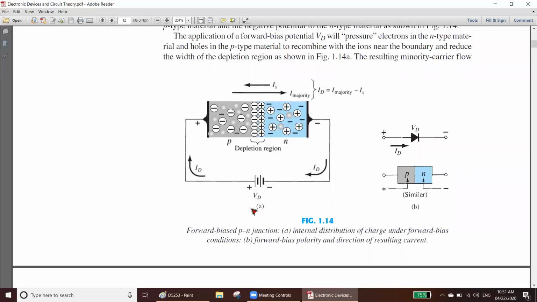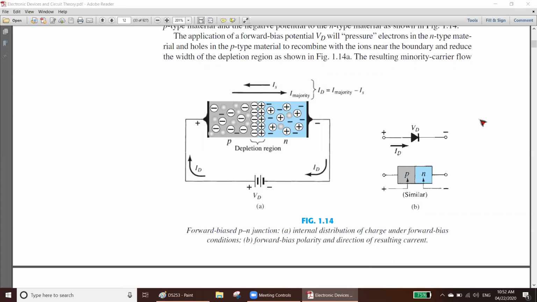Remember, current goes from plus to minus, like this. So current can go in case of forward bias. Current is going from plus to minus this way.